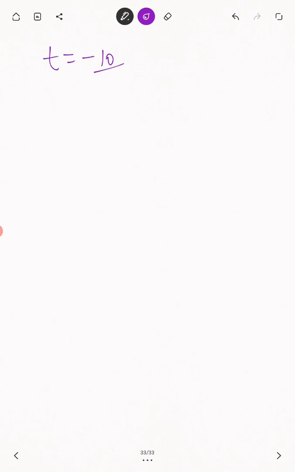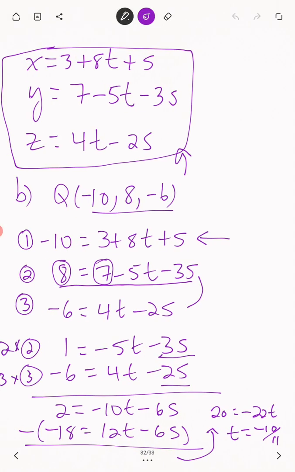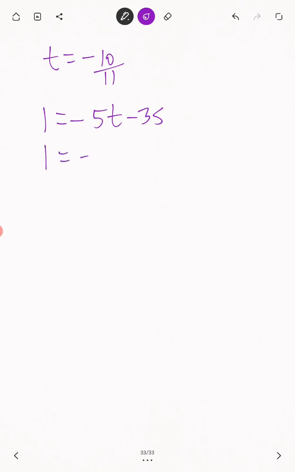So going to the next page, we got t equals negative 10 over 11. For s, we can take either equation 2 or 3. Let's take 2. 1 equals negative 5t minus 3s. And let's substitute in t to solve for s.